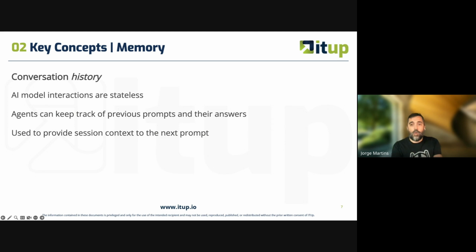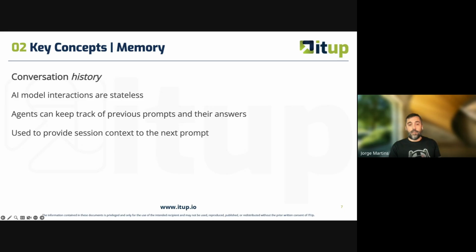Finally, all our agents or LLMs in general are stateless, and this means that there's no knowledge of previous interactions. So, two different calls to the agent or to the AI model are two independent calls with no knowledge of the previous one.